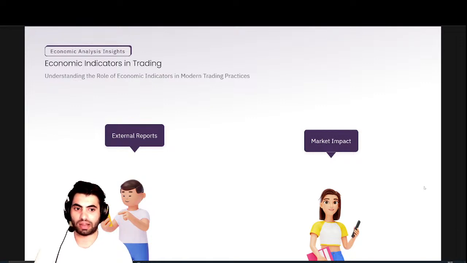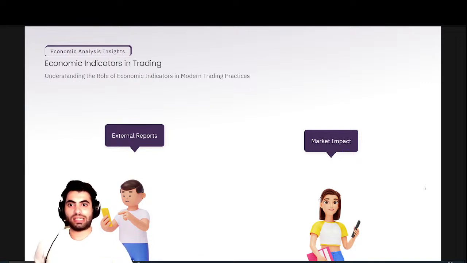These external indicators have a marked impact based on the performance and the estimation of traders. If the results outperform what the traders set as the target, the price is going to move up.